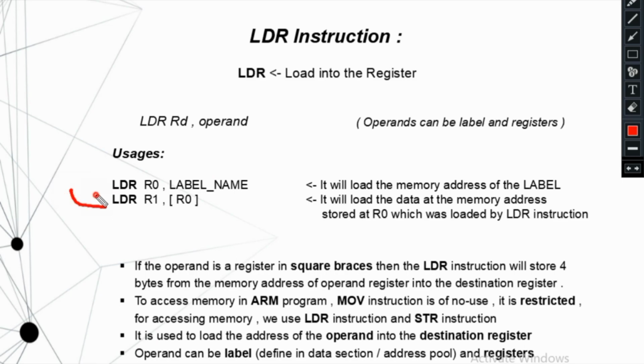After this instruction, we are loading R1 with 4 bytes from the memory address stored in R0. Since we know that we cannot directly access the memory, we store the memory address into R0, then perform memory operations with the memory address stored in R0.